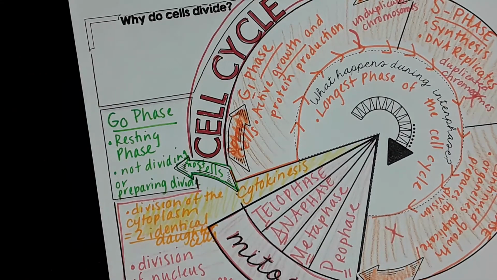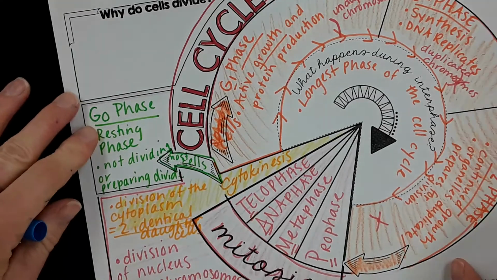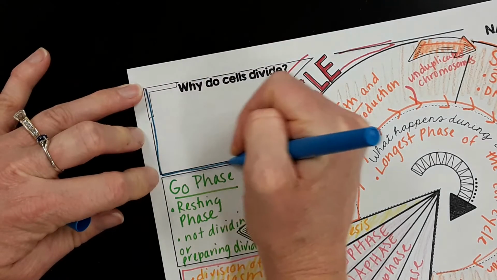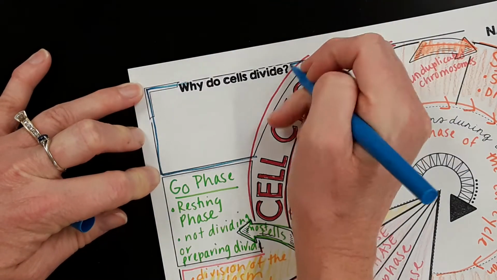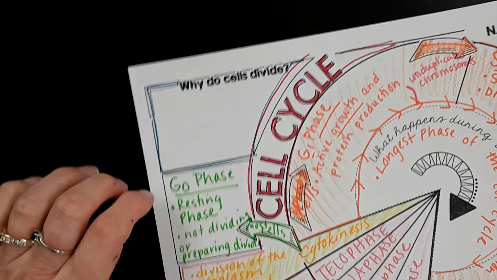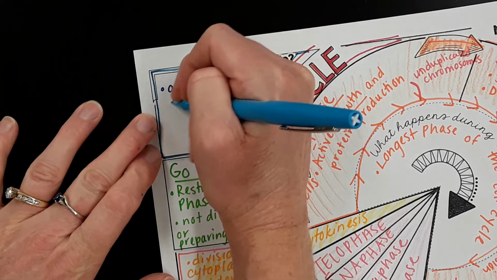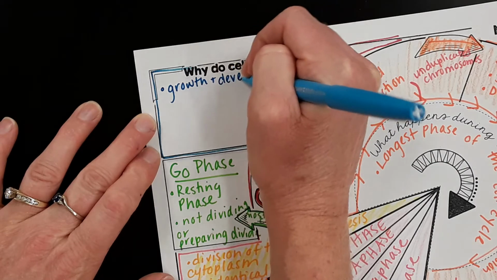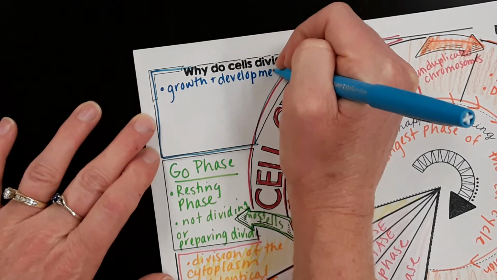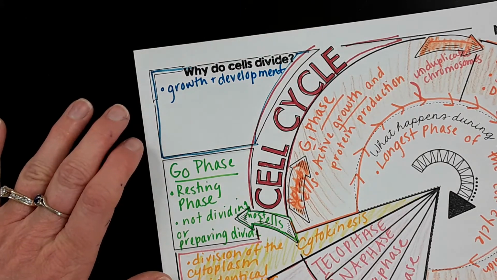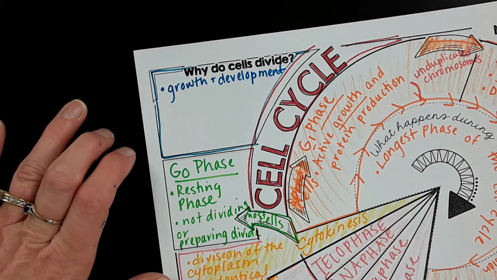The last thing on here for you guys to think about is, why do your cells divide at all? There are 4 reasons why your cells divide. One reason is for growth and development. You guys are still growing and developing. All that growth you did from the time you were a tiny fertilized egg cell to now is cell division.